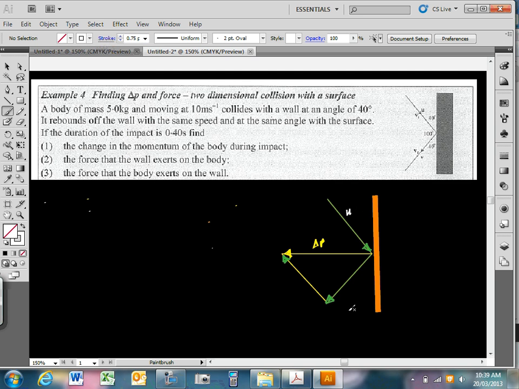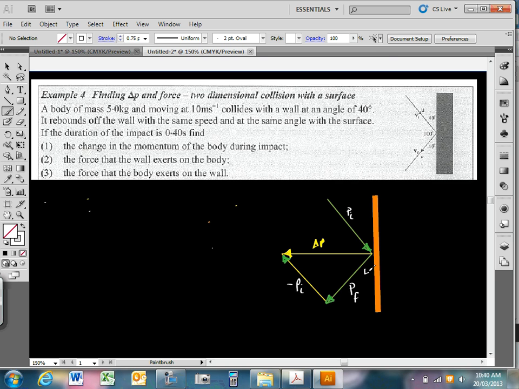U, V. What's this one? Negative U. It's U in the opposite direction. Oh, sorry, I'm using velocities, aren't I? You're going to have to, because there's no PI. What they've done here, sorry, they're saying this in velocity speak. I'm going to speak now in momentum speak. Thank you for pointing that out. This, of course, is minus the initial momentum.